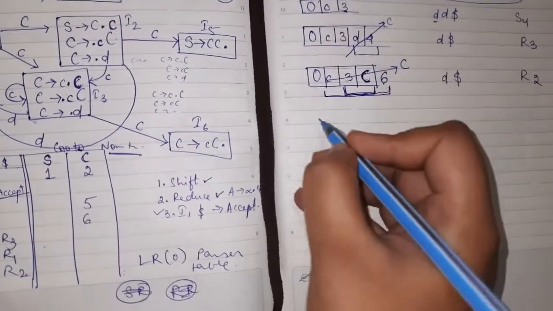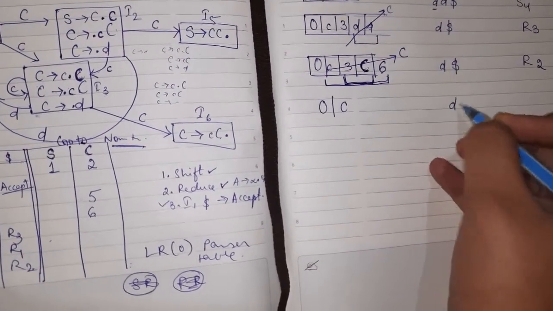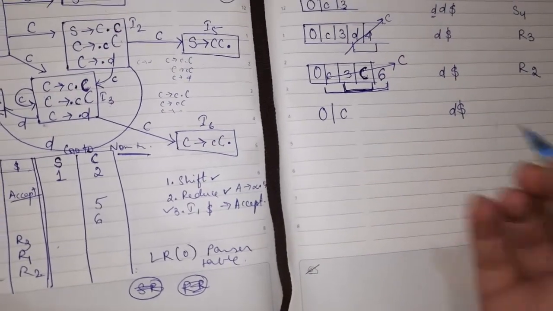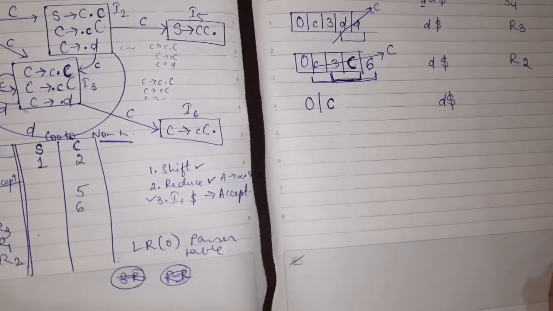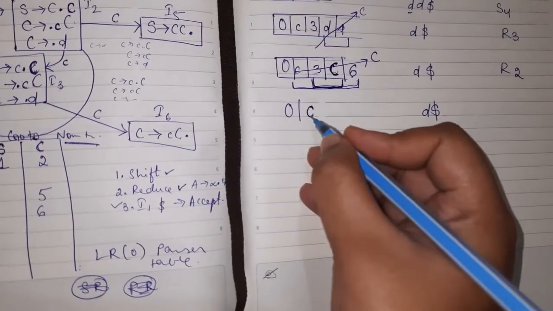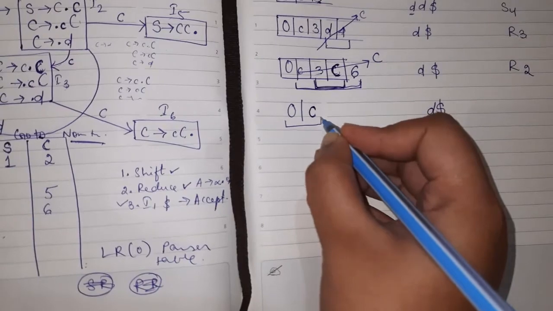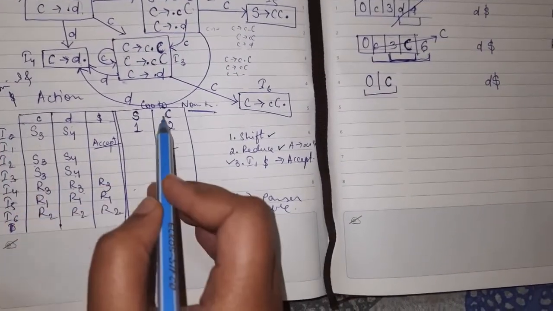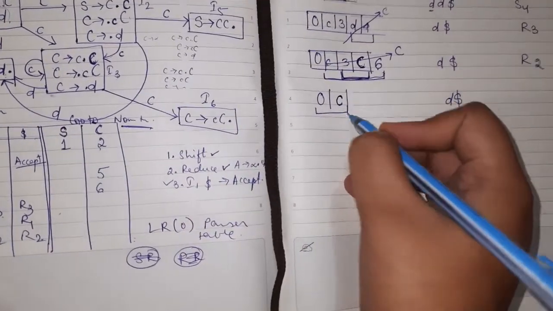So this will become 0 capital C. D was not shifted here, so D is left as it is, then dollar. Again capital C, the top of the stack, is a variable. So I need to see the connection between the top two elements. So 0 and C, it's 2. So I will push 2.